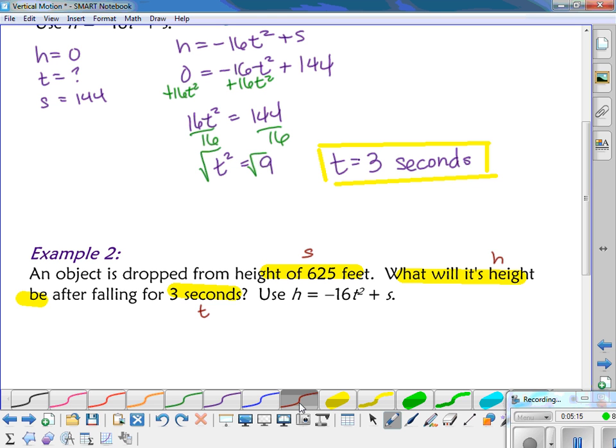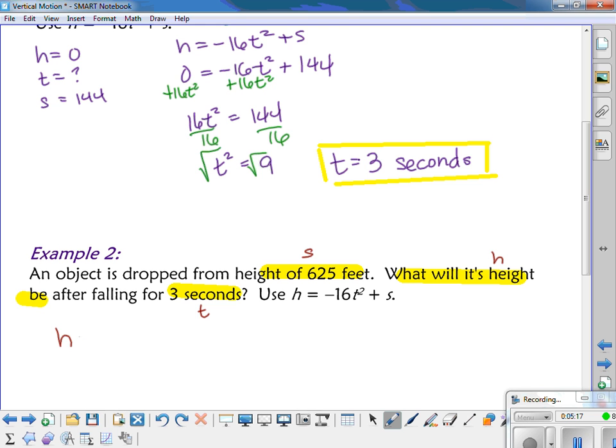All right, so when you plugged it in, you got h equals negative 16, and then for t you put in a 3, so 3 squared, plus 625, right? If we use order of operations, what's the first thing you have to do? Parentheses or exponents.